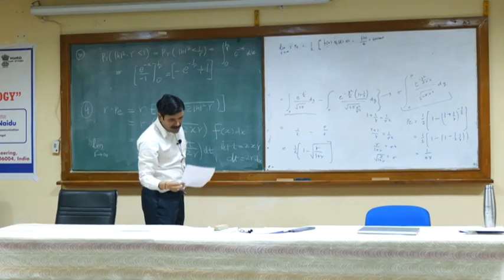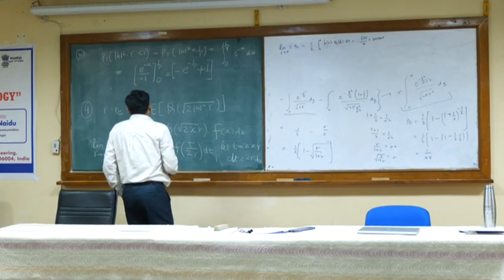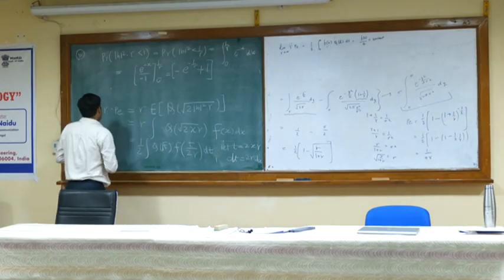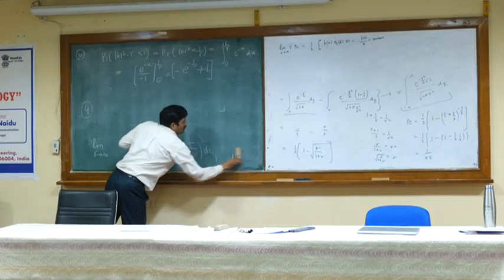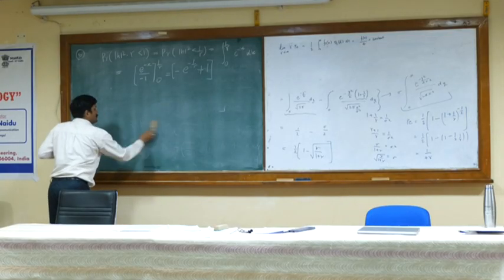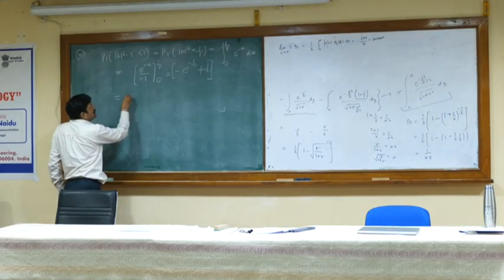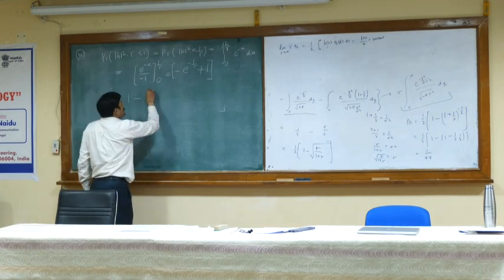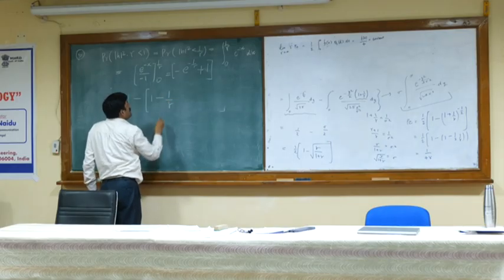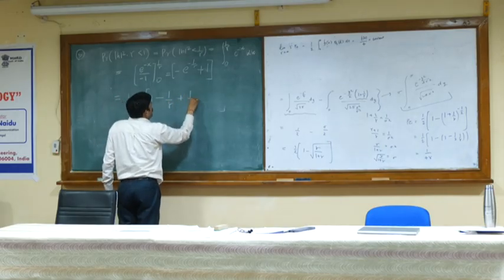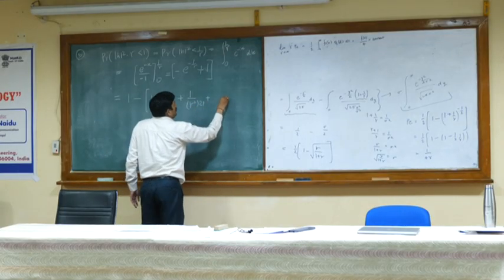Now this is saying it should be 1 by SNR plus O of 1 by SNR square. So we can just expand. 1 minus, we can expand this: 1 minus 1 by gamma plus 1 by gamma square over 2 factorial, and so on.